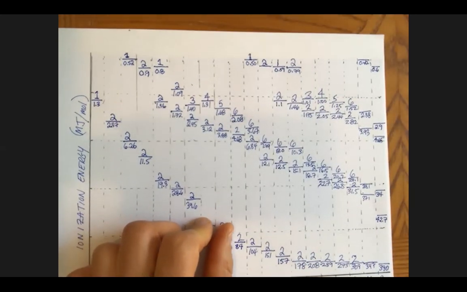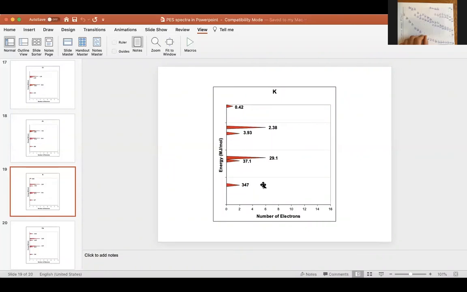And okay, let's go back to the graph and check those. Check how many electrons are in each place again. Mm-hmm. So starting from the bottom, 347 has 2 electrons. And so does the 37.1. Okay, keep going. The 29.1 goes all the way up to 6 electrons.